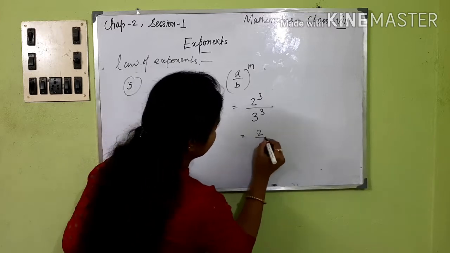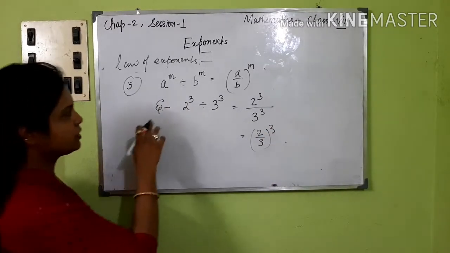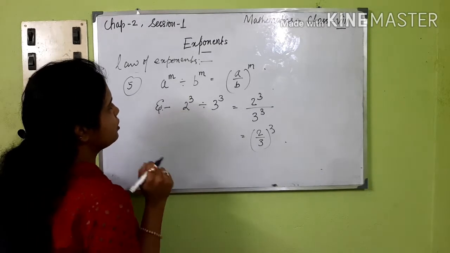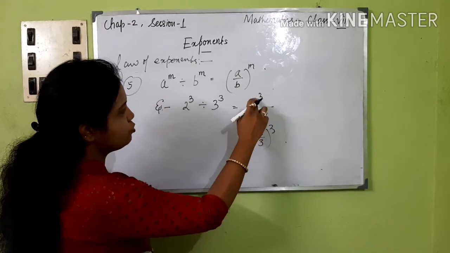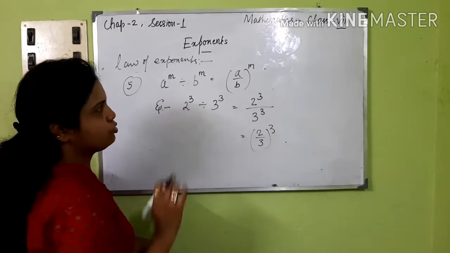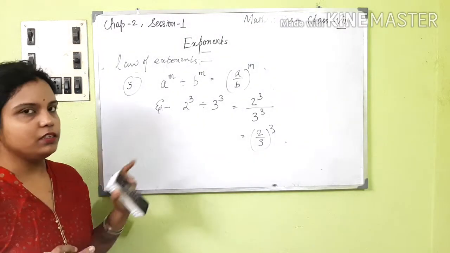That is equal to 2 by 3 whole to the power 3, right? You can simply understand, this is a to the power m, this is b to the power m, right? So this comes, 2 by 3 whole to the power 3. This is another law. Example is given, you can go through that.